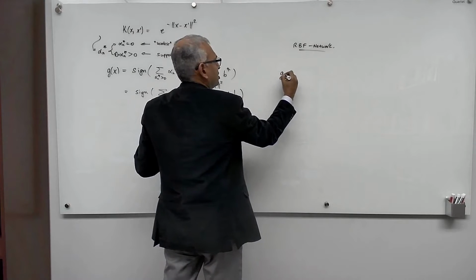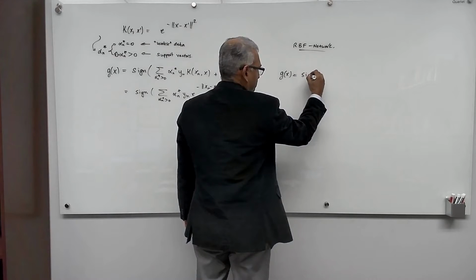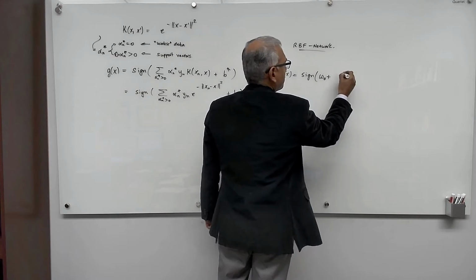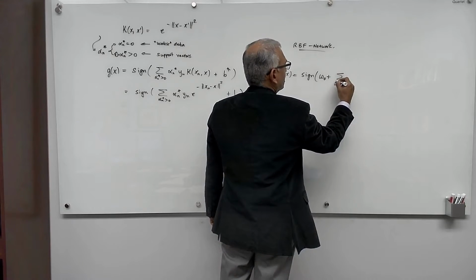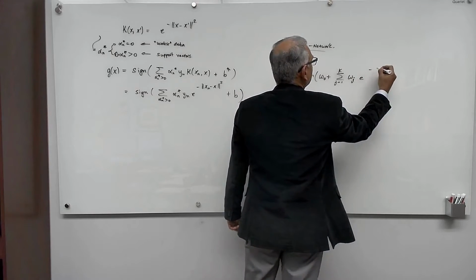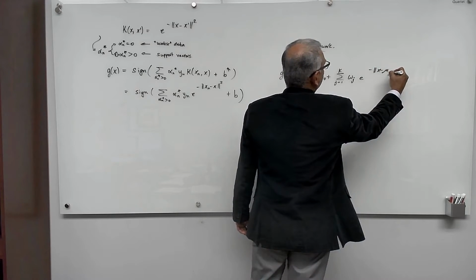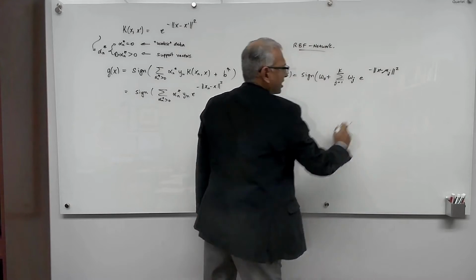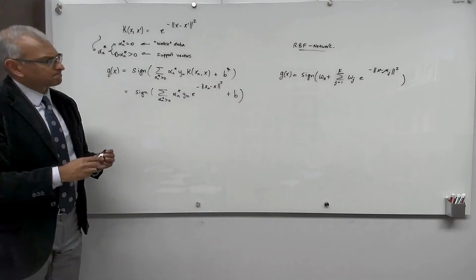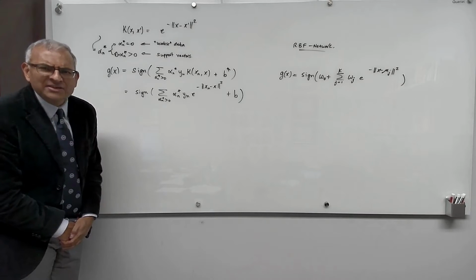The final hypothesis g of x was equal to the sign of W0 plus the sum from j equals 1 to k of wj e to the minus norm of x minus mu j squared, where there would have been a scale parameter r squared, but I've just set that to 1, just so that we can compare apples to apples. So this is the RBF network. Let's compare. Wow, they look very similar.